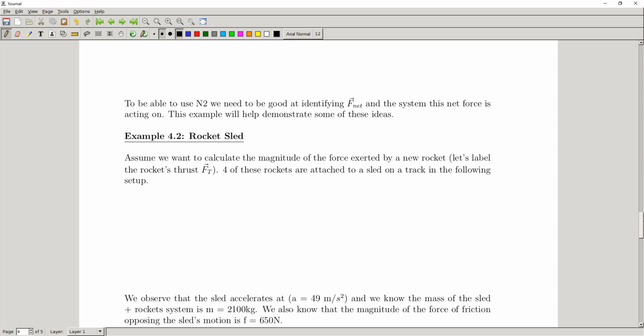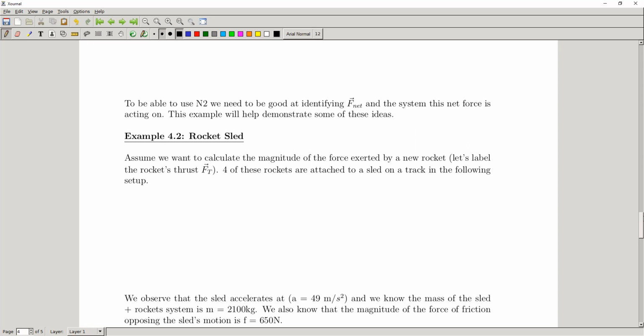We need to add up all these forces together and break them up into their different directions so that we can get at what we're looking for. We also have to be good at identifying what the system, the object that these forces are acting on, is, okay?